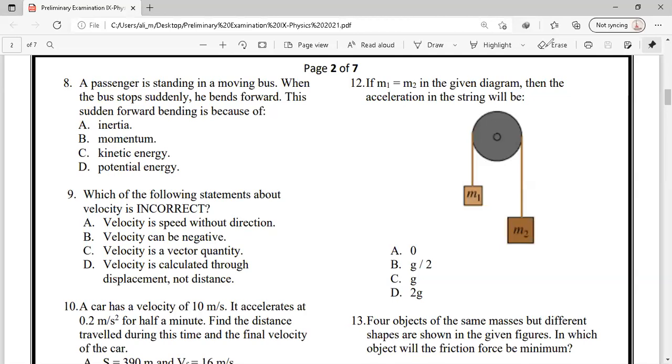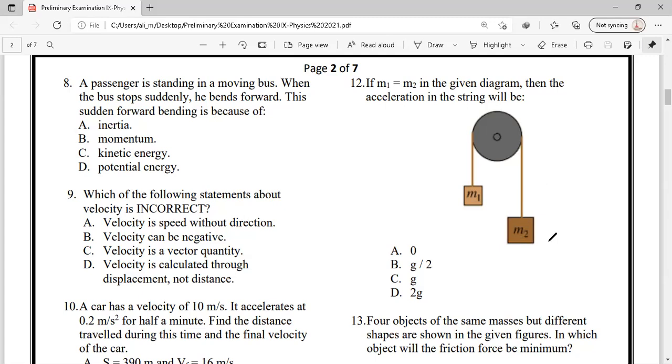Let's move to our question number 12. This question says if m1 equals m2, then we have to find the acceleration in the string. As we know, if these two bodies hanging in that string are equal, this means both bodies will remain at rest.